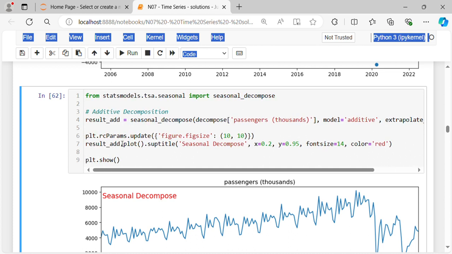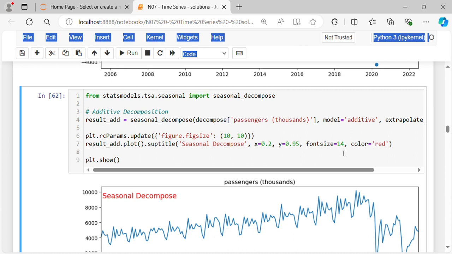plt.rcParams.update of open bracket and the curly braces for the dictionary of parameters, figure.figsize colon bracket width equal 10, height equal 10. result_add.plot open and close bracket, dot suptitle of seasonal decompose, comma, the position is x equals 0.2, comma, y equals 0.95, comma, fontsize equal 14.